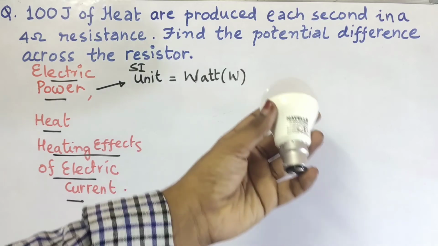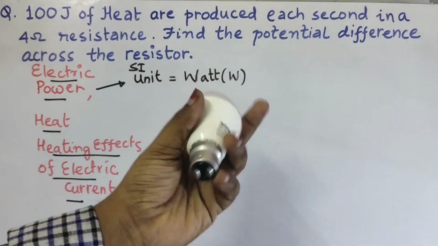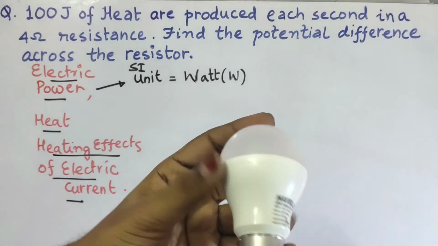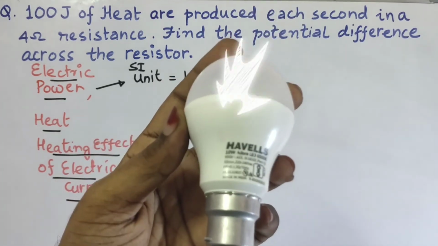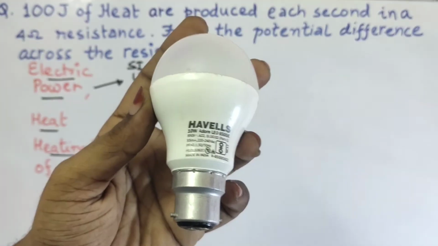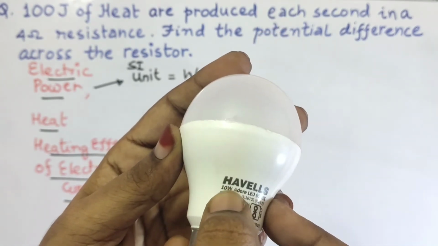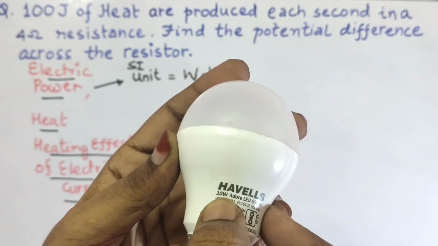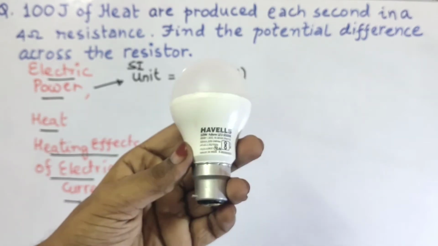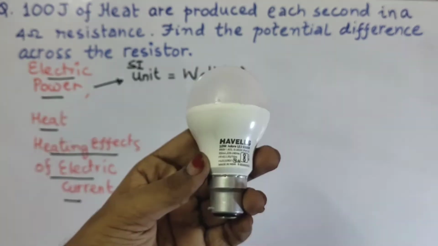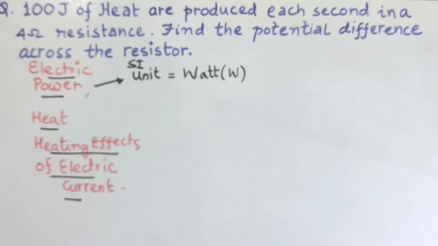In every electrical appliance there is a power rating, that is W. I have a bulb in my hand, an LED bulb. If you see clearly, there is a power rating written on it, and the power rating is 10 watt. I have a tube light also with me.